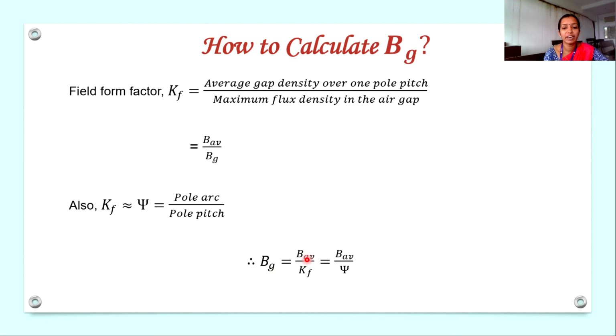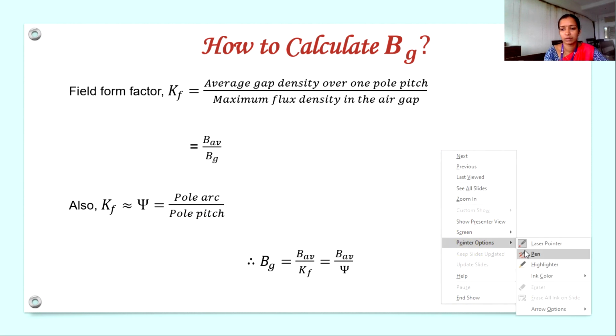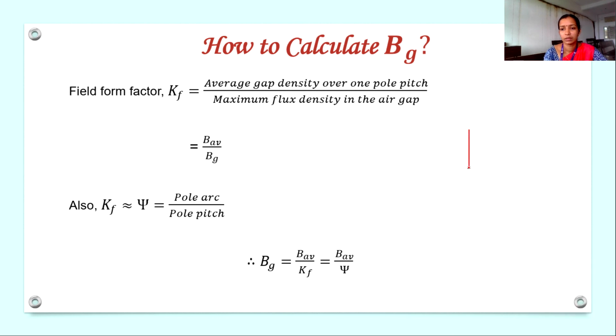Bg will be equal to B average by Kf, or B average divided by psi. Psi is pole arc divided by pole pitch. What is pole arc? If this is a particular pole, this length is known as the pole arc.